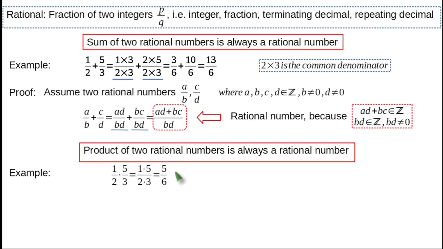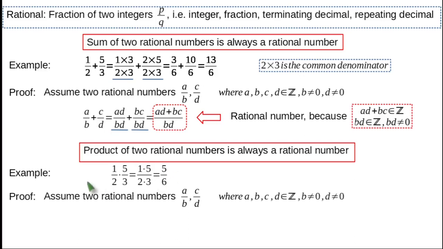But is this still true for arbitrary two rational numbers? We need to prove it. First, we assume we have two rational numbers here, a over b and c over d. a over b and c over d can represent any two rational numbers because a, b, c, d can be any integers, and b and d cannot be equal to 0.